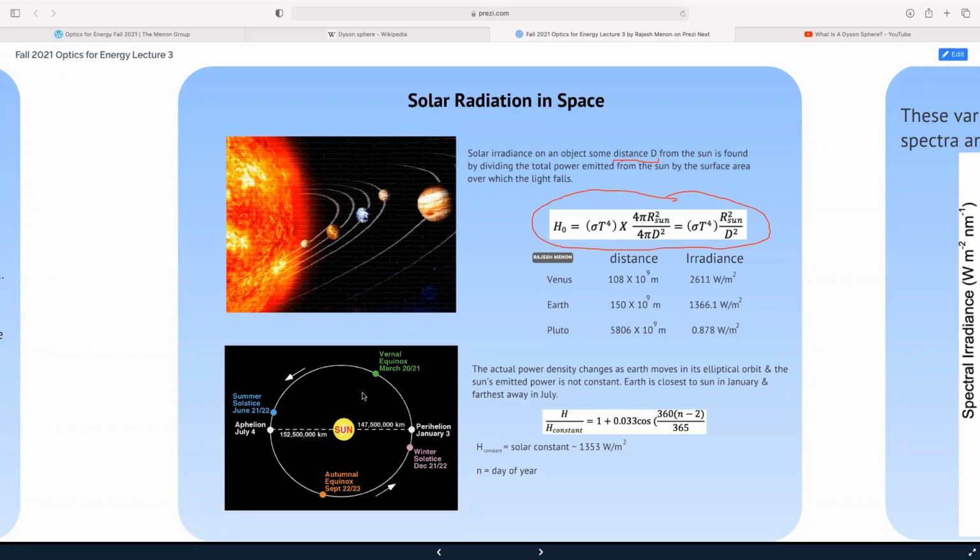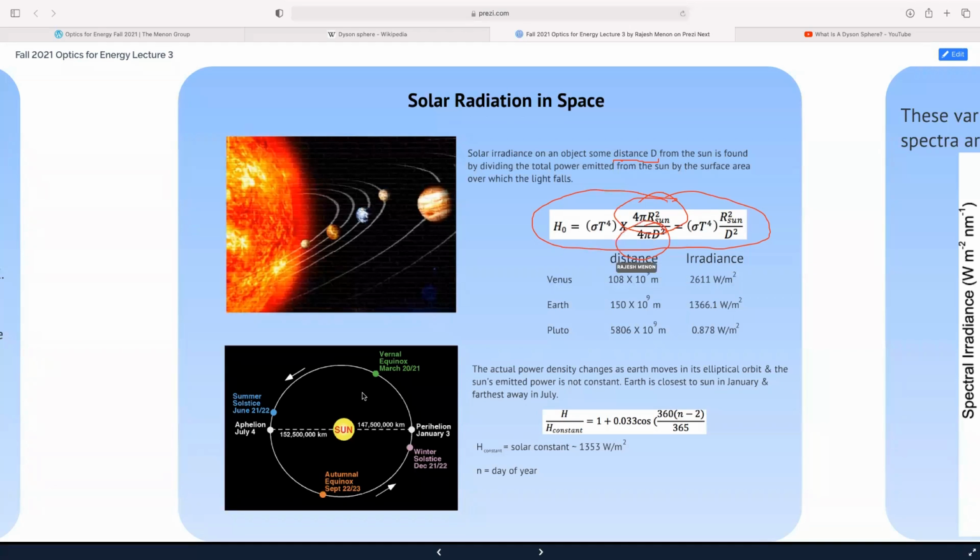The average power density is sigma T to the 4th, which is the blackbody total power density coming out of that source, multiplied by the surface area of the sun, 4 pi r squared of the sun, which is the top term.